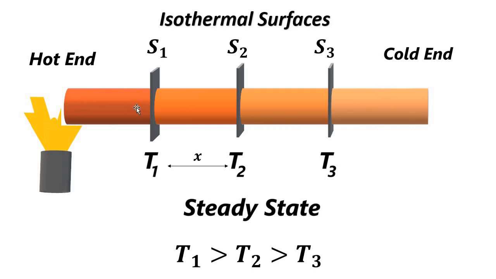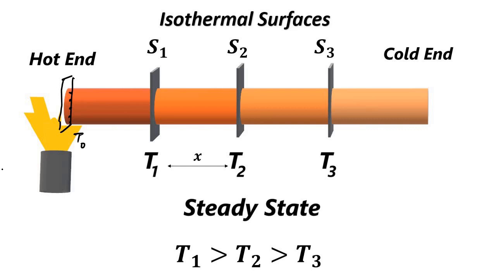Let's say here the starting point, this cross section, let's say it is at a temperature T0. So the temperature of each and every point on this cross section will be T0.